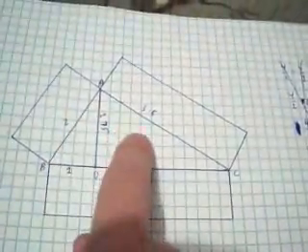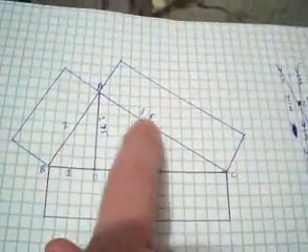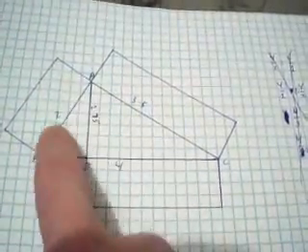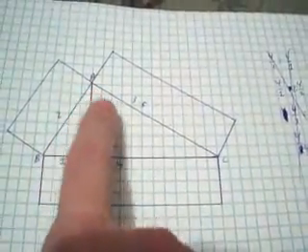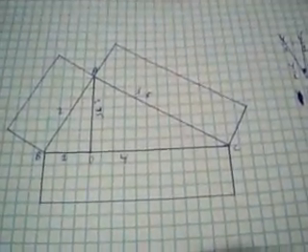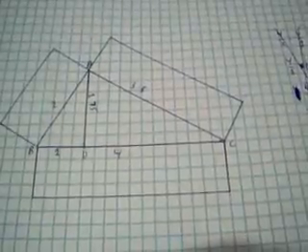So this triangle is similar to this triangle, and of course this triangle is similar to the whole thing, and this triangle here is similar to the whole thing. And this is by Euclid Book 6, proposition number 8.